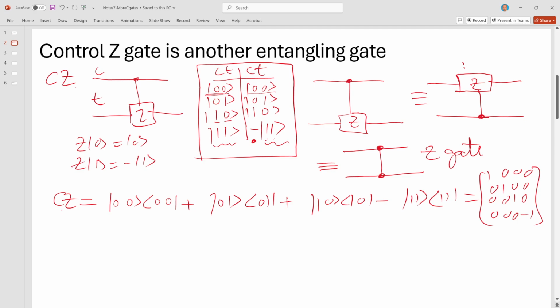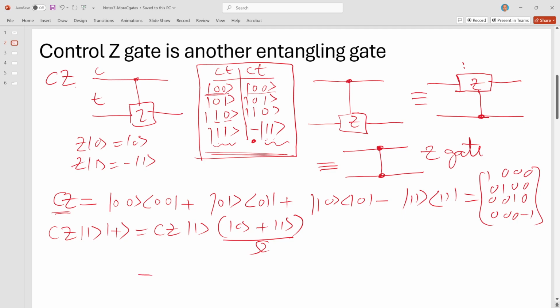All right, so let's see the action of control Z gates in some situation. We have already seen the action on the qubit states in computational basis. So let's take a little bit complicated example. So suppose I'm applying CZ on 1 plus state. So it means that plus state is this. So let's express it.